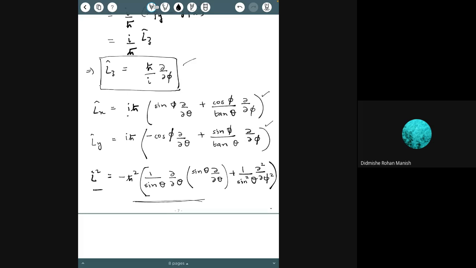Ma'am, you had clarified this previously also, but it's still not assimilated. For the one-dimensional case, all the operators were clear, like x hat and px hat. But for the three-dimensional case, when we are constructing the operators, essentially we are just writing whatever we had written for the one-dimensional case directly.